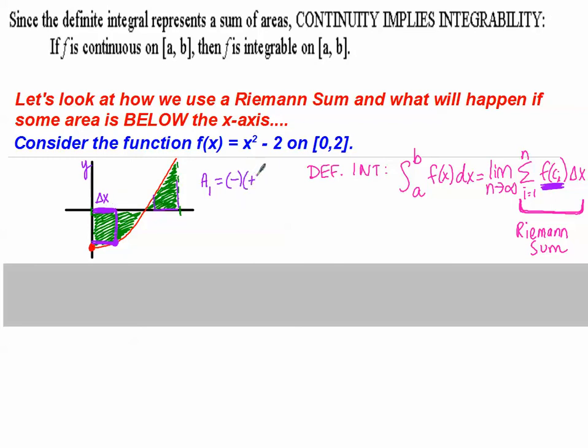Well, delta x is a positive number. So why am I calling this area? Area is not going to be negative, but yet I have to say the f value times delta x, the height of the rectangle times the width. Well, I'm not going to call that area. That doesn't make sense. That's a negative number.